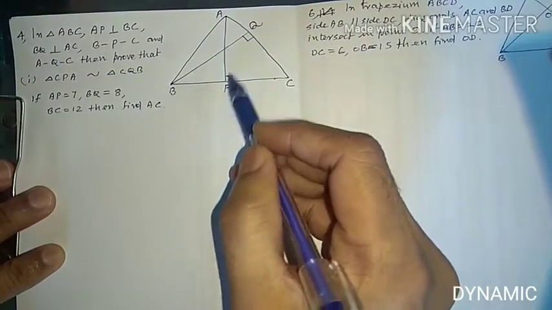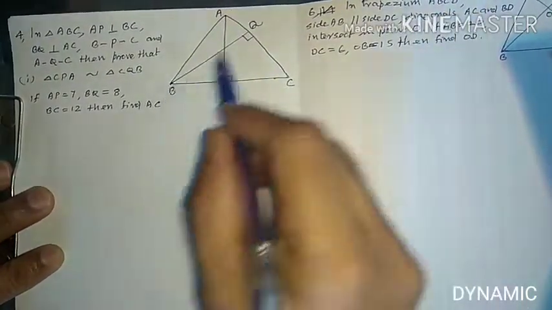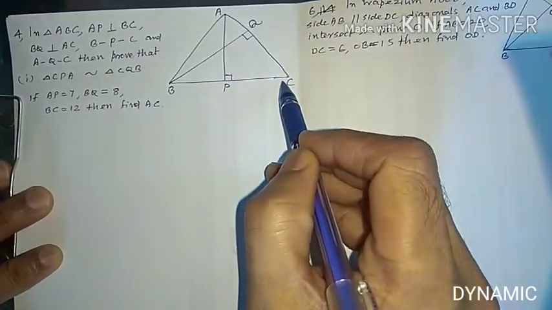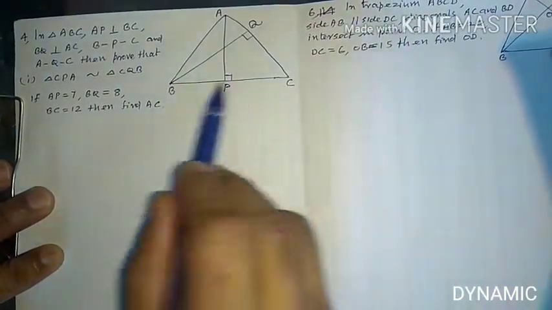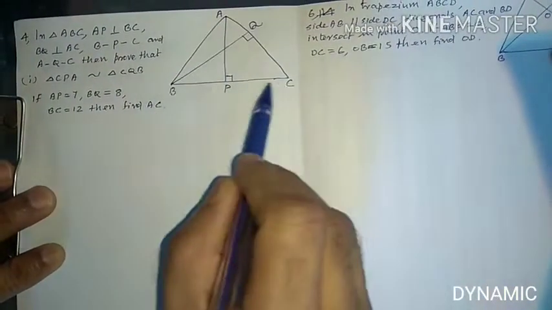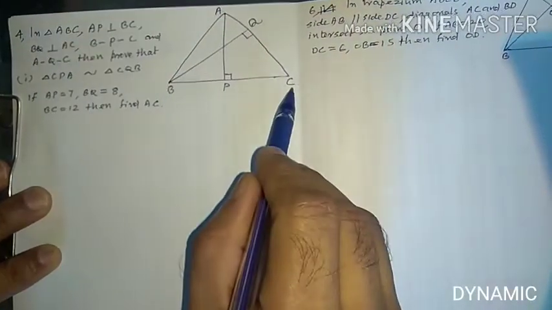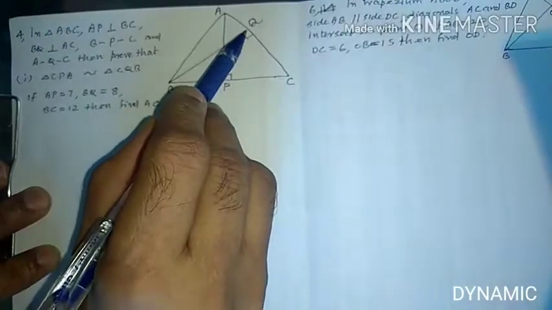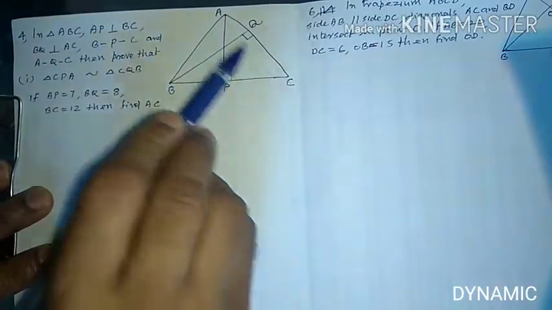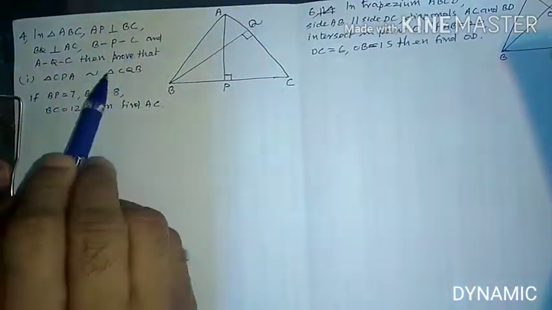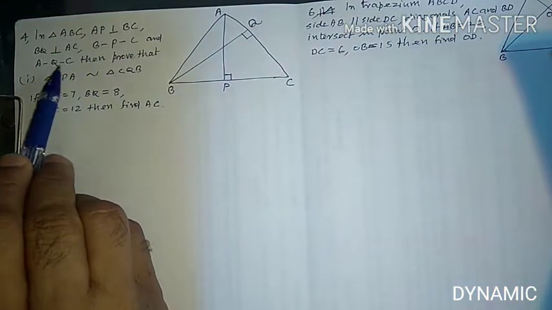Perpendicular means 90-degree angle. Also given the order of the points: B, P, C, means point P is in between BC. Here point Q is in between AC, that is A, Q, C.